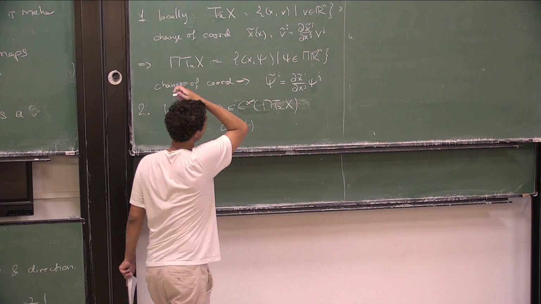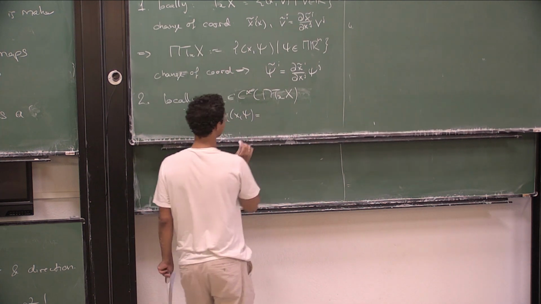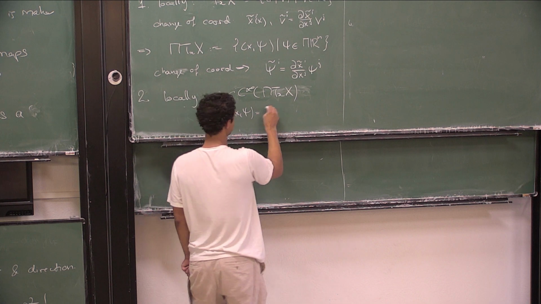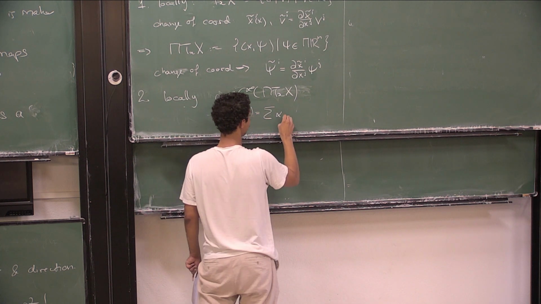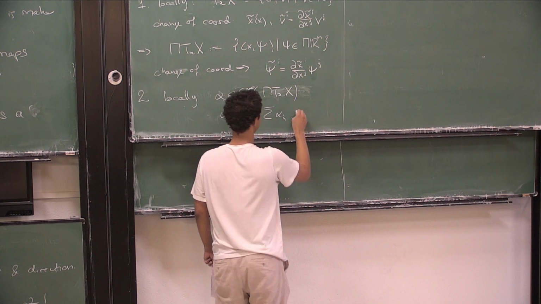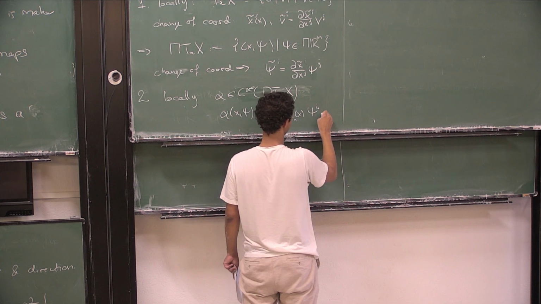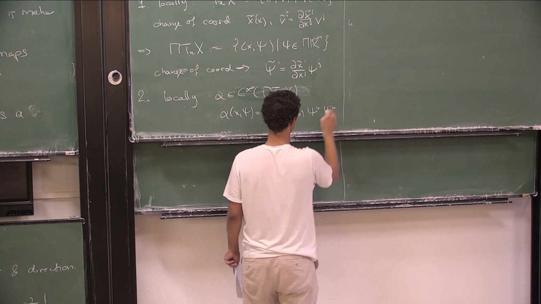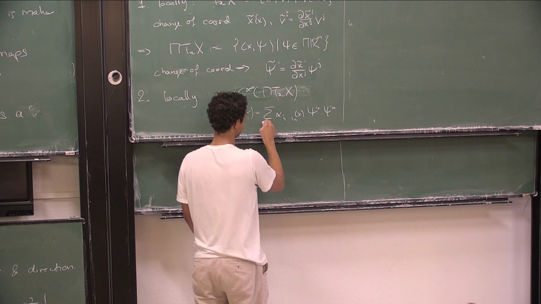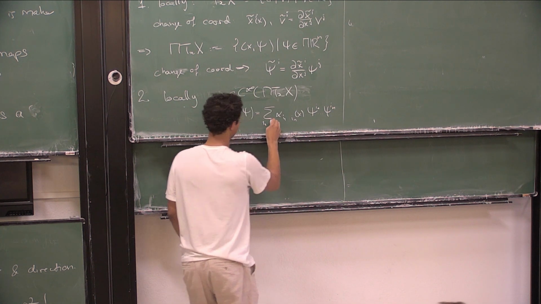This is defined in terms of its Taylor expansion: some alpha_{I1...In} depending on x, times psi^{I1} to psi^{In}, and then you sum all of these.